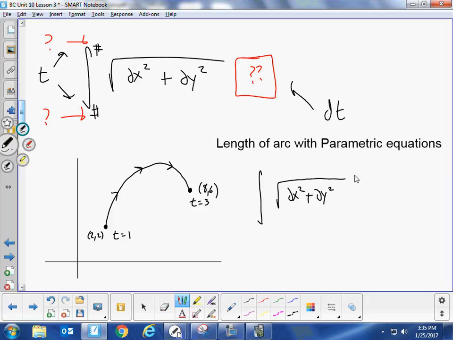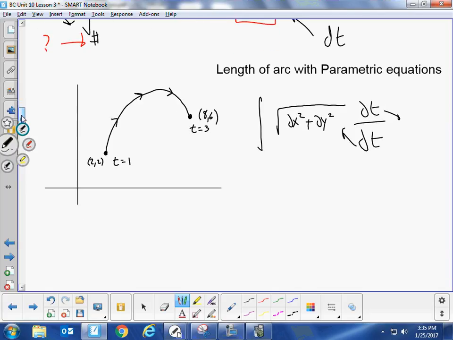Exactly, the expression for 1 using dt. So I'm going to multiply the top and bottom by dt over dt. I'm going to leave this dt here, but I'm going to move this dt inside that square root.